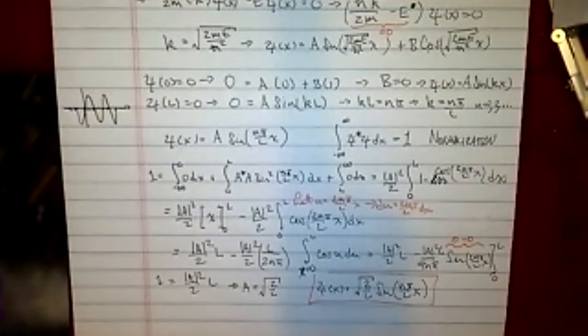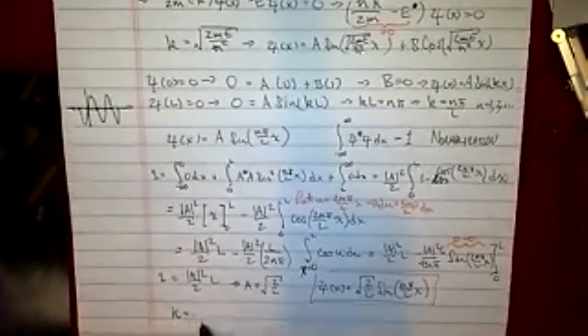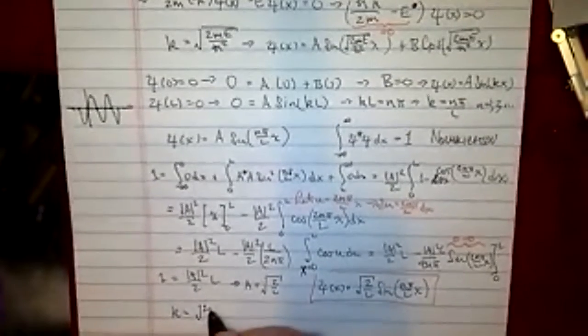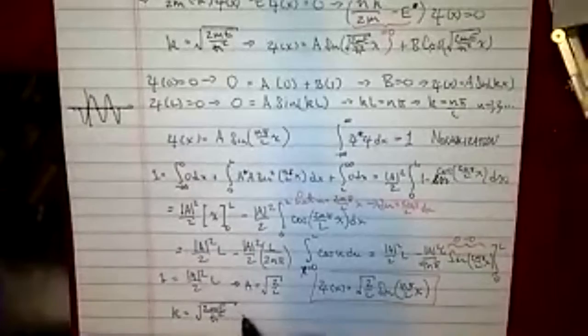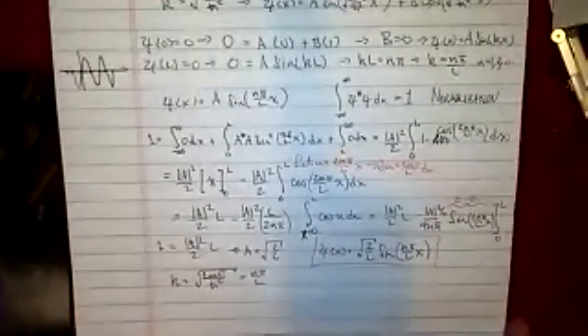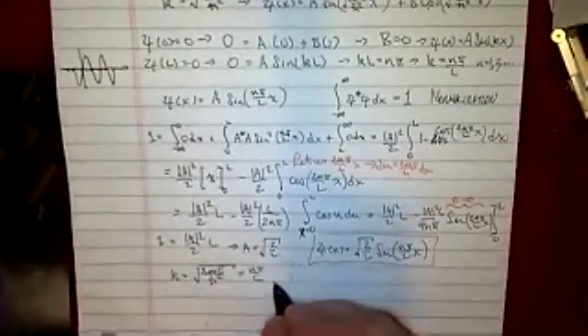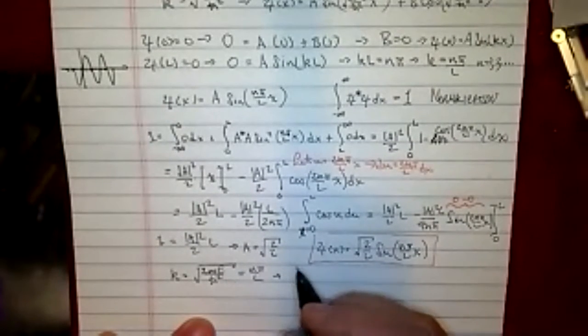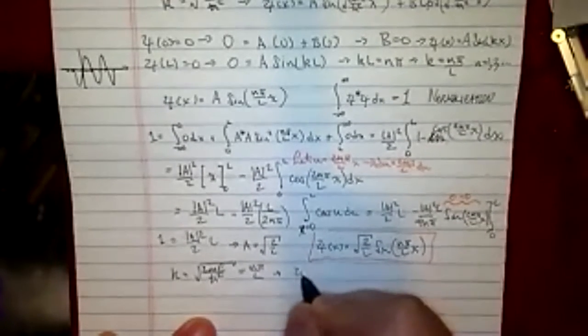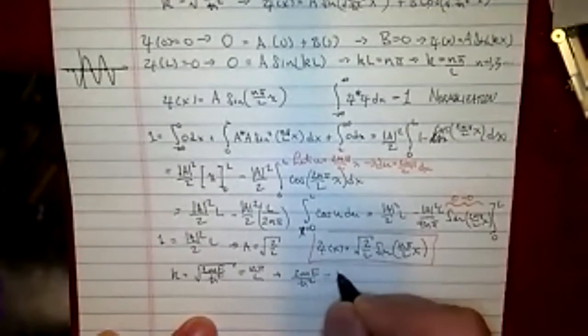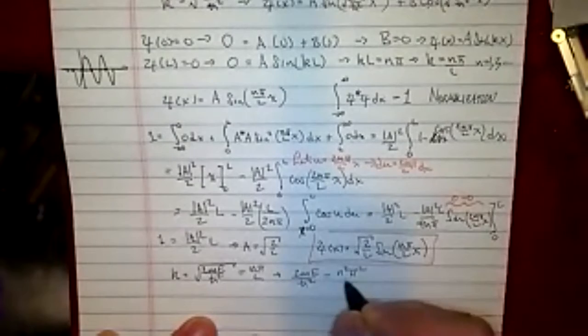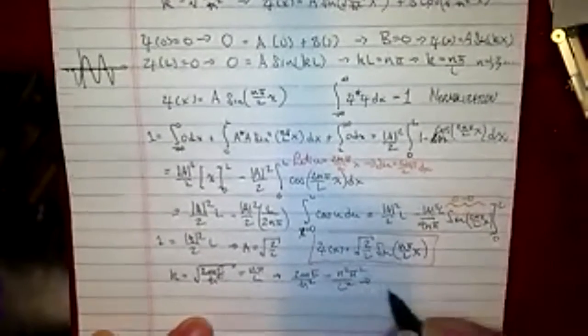Now we can also use the fact that the k, which was the square root of 2mE over h bar squared, that's equal to n pi over L. So this can actually allow us to figure out how energy is quantized. So from this, we see that if I square both sides, I'm going to get 2mE over h bar squared is equal to n squared pi squared over L squared.